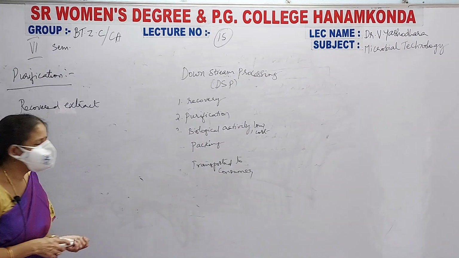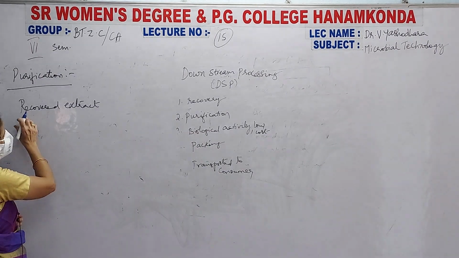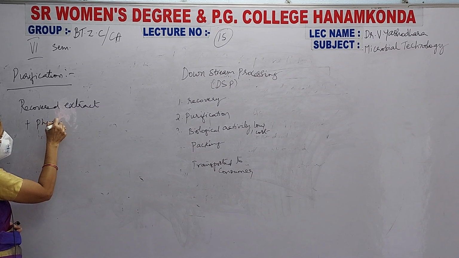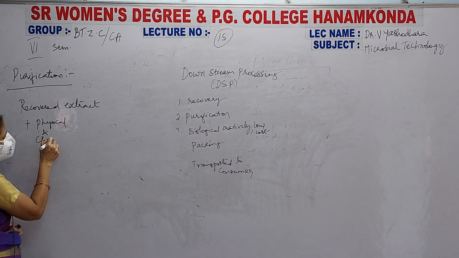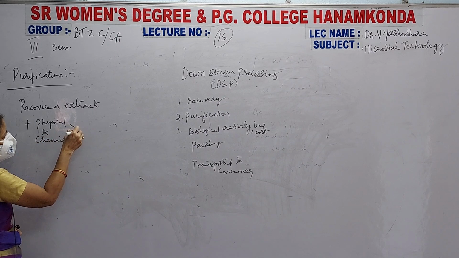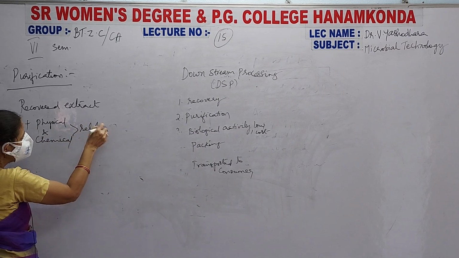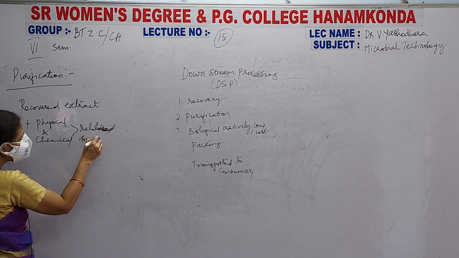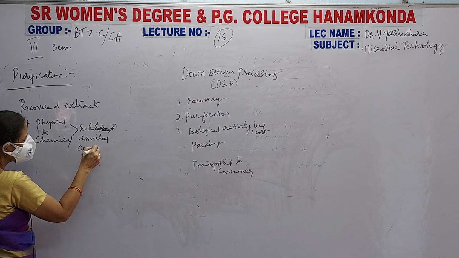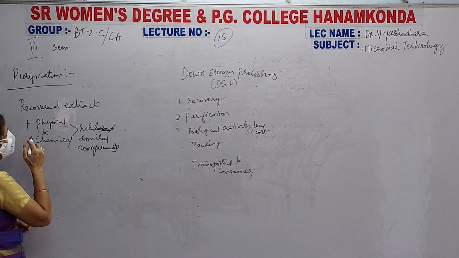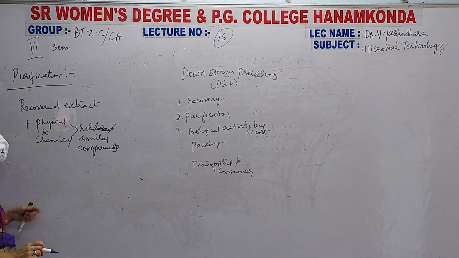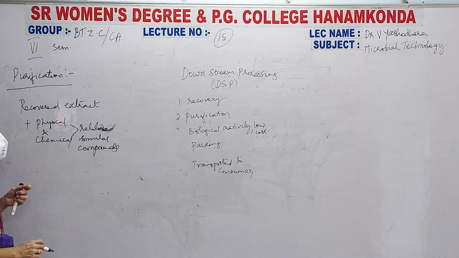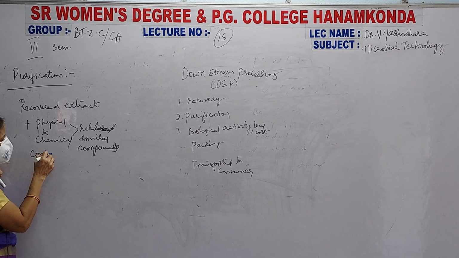The recovered extract consists of physically and chemically related or similar compounds. See here, the recovered extract contains contaminants with similar physical and chemical characteristics.